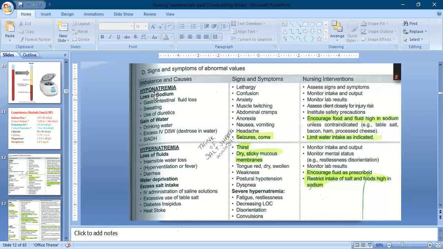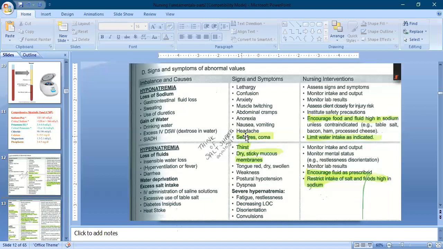And when the patient develops hyponatremia, what are the signs and symptoms, right? The patient is lethargic, confused, anxious, with muscle twitching, also abdominal pain, which is called abdominal cramping, nausea, vomiting, and finally it leads to involuntary movement of muscles, which is called seizure.